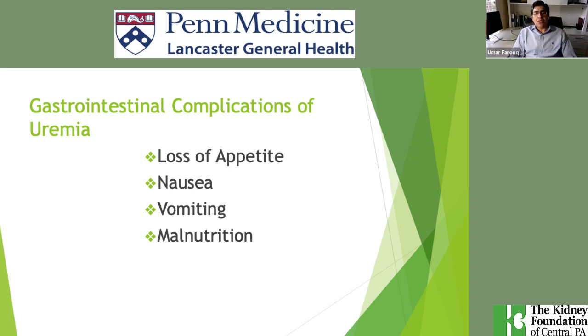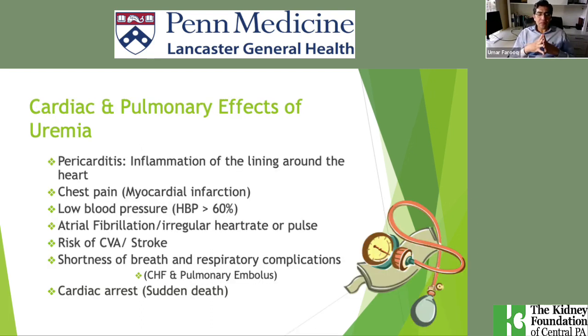What happens to the heart and lungs? So patients sometimes develop inflammation around the heart lining, which can cause chest pain. Again, blood pressure could be high and low. They develop irregular heartbeat, which in fact can cause high risk of stroke.